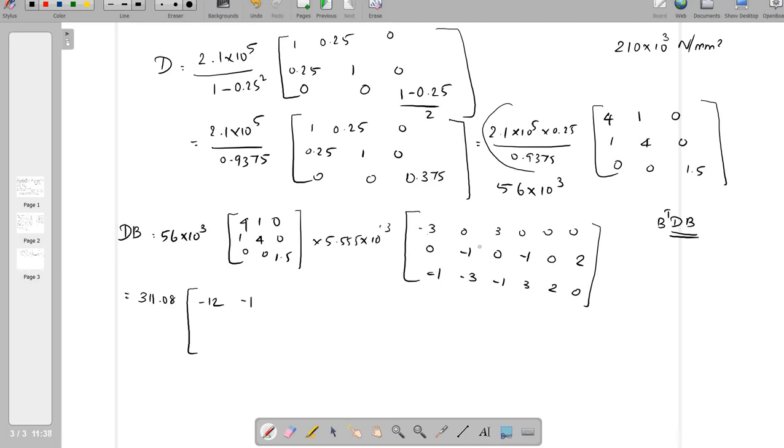The first row with the third column is plus 12, all other items are 0. The first row with the fourth column is minus 1. First row with the fifth column is 0. First row with the last column is 2. Similarly, you multiply the other terms.